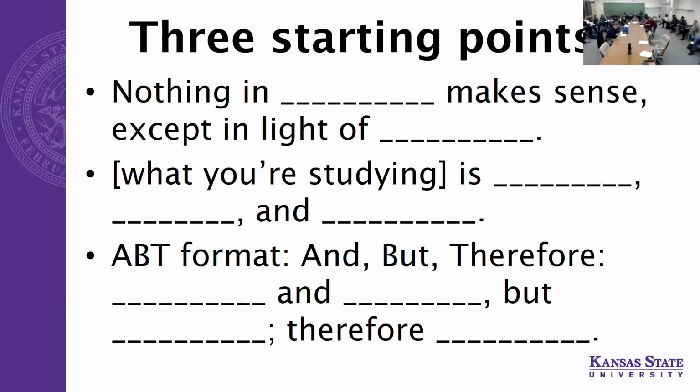And it really does, if a piece of science communication is effective, it often does conform to this format. It's pretty interesting. So blank and blank, but blank, therefore. And this could be the entire structure of a 3-minute thesis, right?